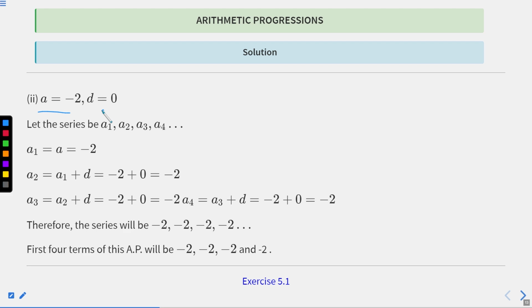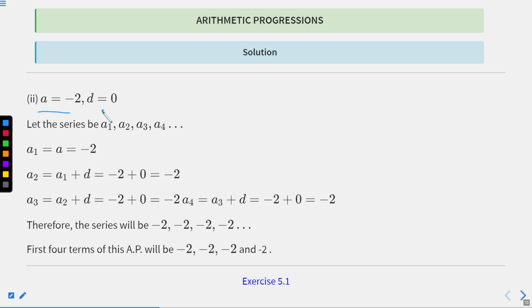Let the series be A1, A2, A3, A4, and so on. The first term A1 is given to us, that is equal to A, that is equal to -2. The second term A2 is equal to A1 plus D, which is -2 plus 0, since we have given the value of D is equal to 0. So A2 is equal to -2.